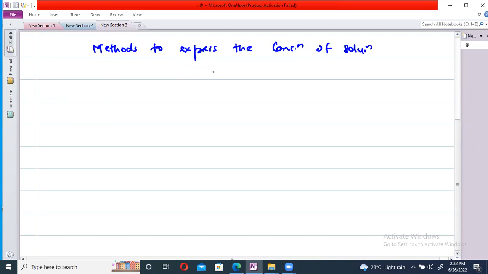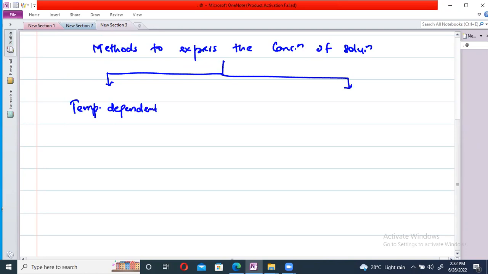The methods are divided into two parts. One part is called temperature dependent, and the other is called temperature independent. Sir, how do we know which is a temperature dependent method and which is temperature independent?